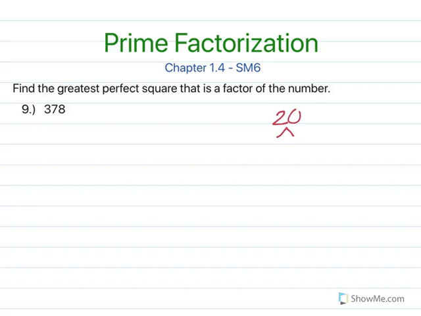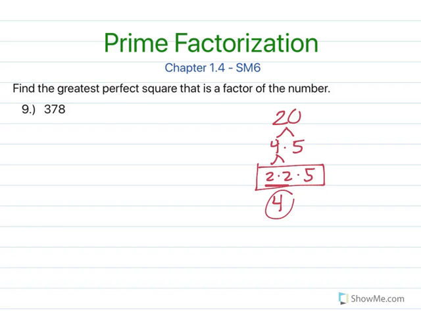So 20 can be factored down to 4 times 5, and then I have 2 times 2 times 5. So out of my prime factorization, do I have any pairs? Yeah, I have 2 times 2, so that gets me 4. And so 4 is my greatest perfect square that is a factor.